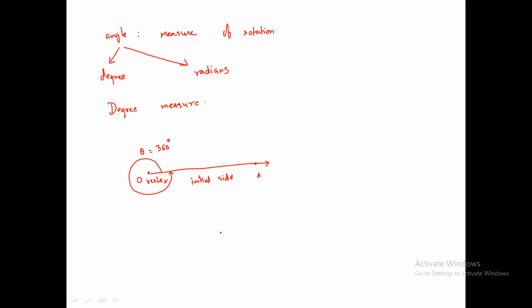But instead of one complete rotation, if you rotate half the way, only a half revolution, then this will be the terminal side OB. Because it is half of 360 degrees, the angle here is 180 degrees.